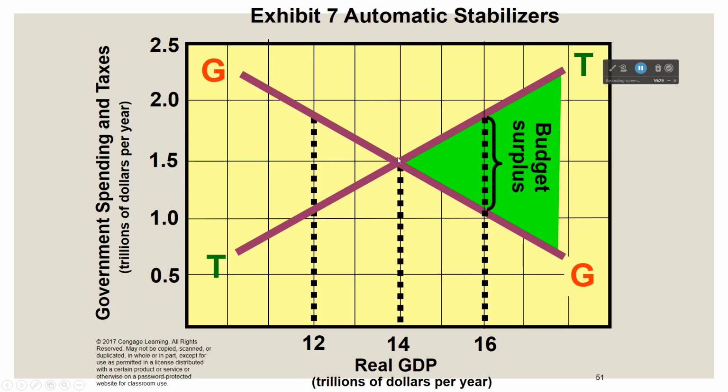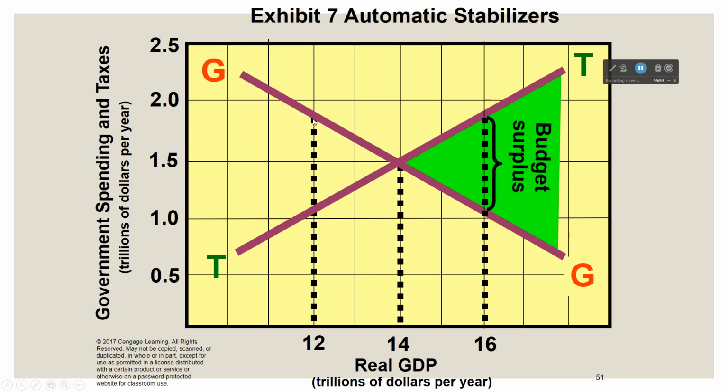The other end of things, let's say the economy went down below 14 trillion. As the economy goes down, tax collections decrease because people have lower incomes and people fall from higher brackets to lower brackets. As that's going on, more people are becoming poor and unemployed and drawing transfer payments from the government.